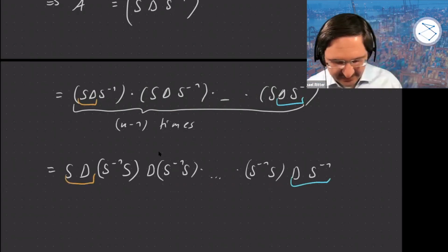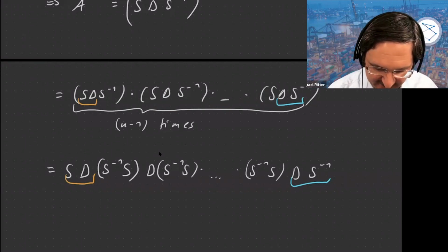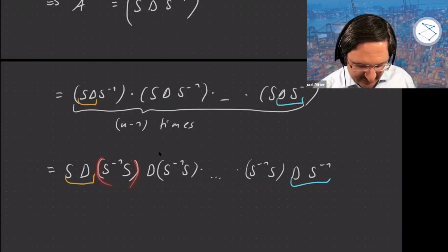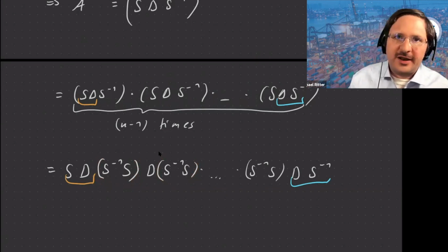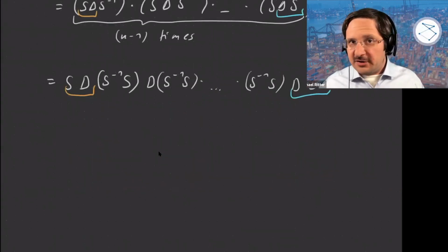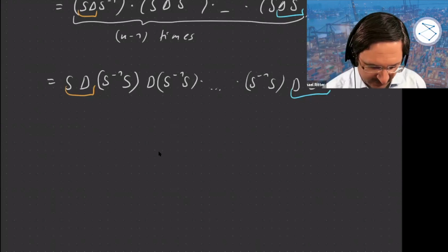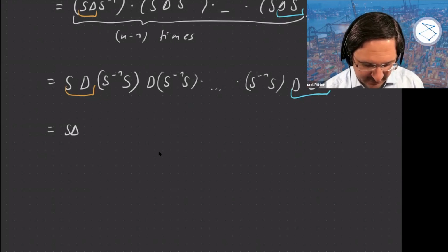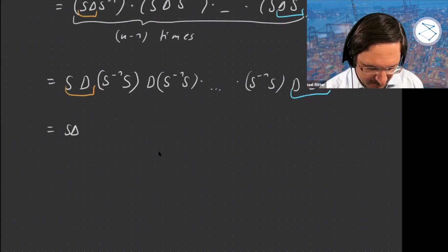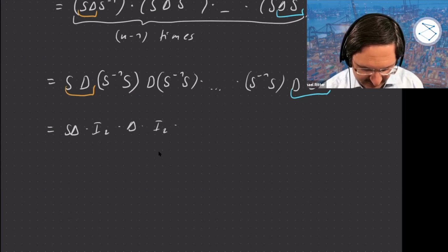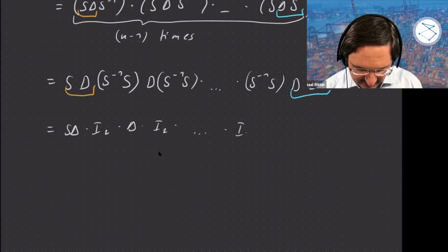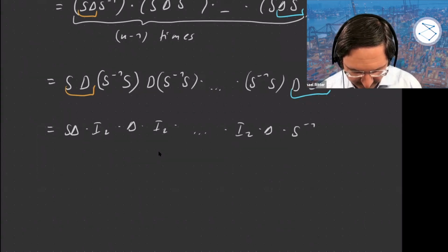This is the beginning. And for everything that happens in between, we always group these two matrices, S to the minus 1 and S, together. The matrix multiplied by its inverse, well, that's of course the identity matrix. So we get SD times the identity, times D, times the identity, and so on, times the identity, times D, times S to the minus 1.